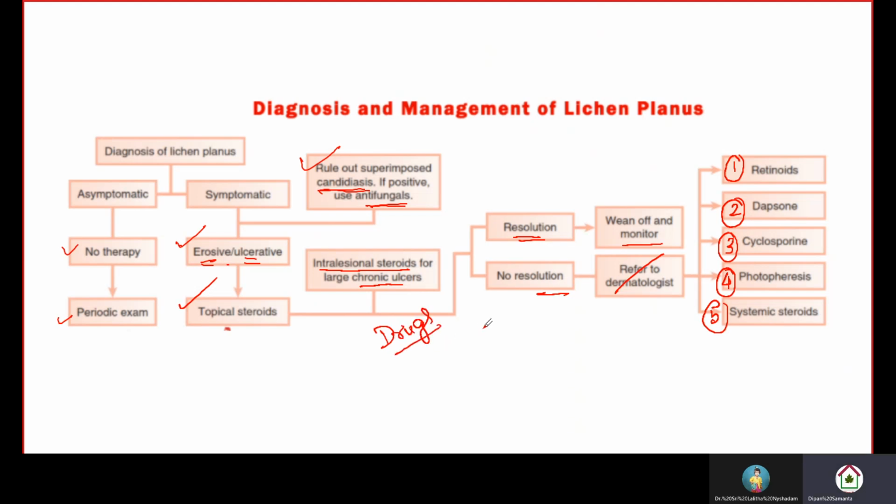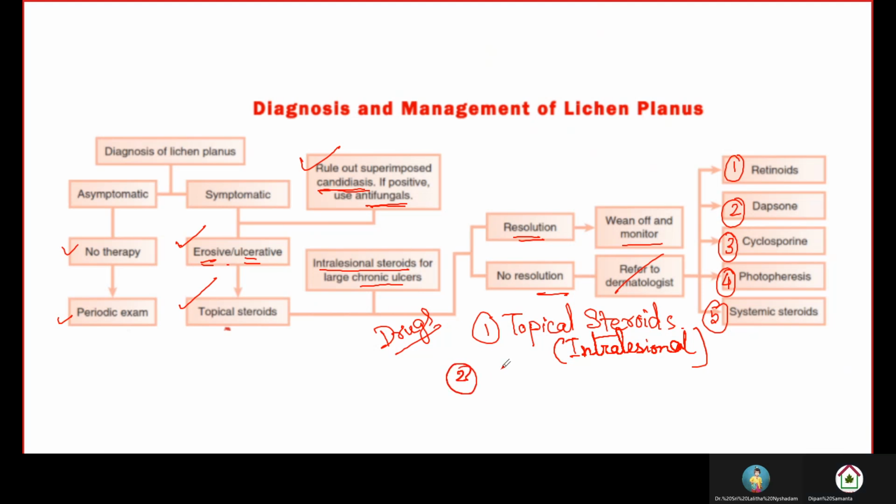Drugs in lichen planus: number 1, topical steroids, including intralesional steroids. Number 2, retinoids.